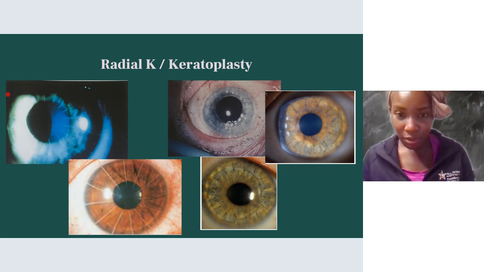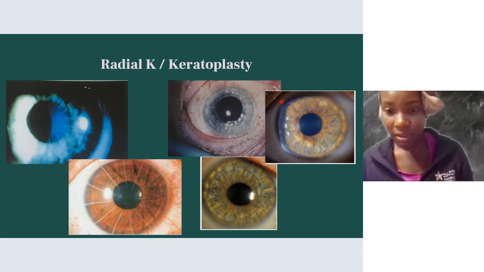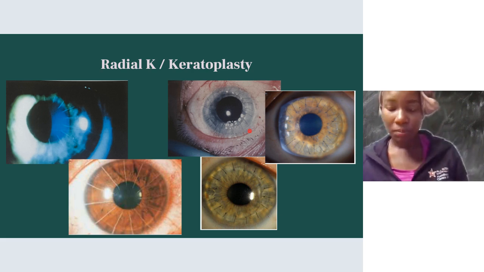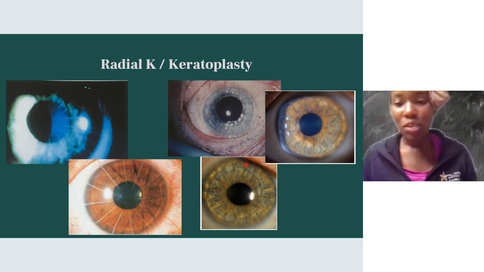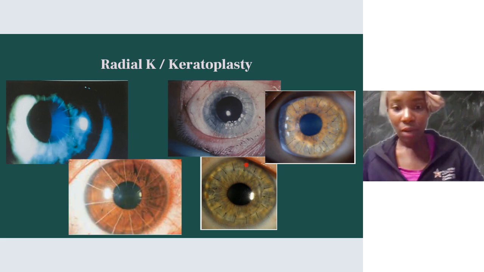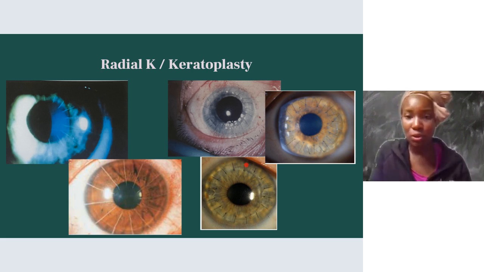And with the radial K ones, you'll notice that these have gone so close to the pupil, and that's also why there was an issue with it, because people had halos around lights. With keratoplasty, you wouldn't have that, right? Because why would we stitch so far towards the pupil? Because then it would be invading the vision and destroying the integrity of the transplant that you're putting in.